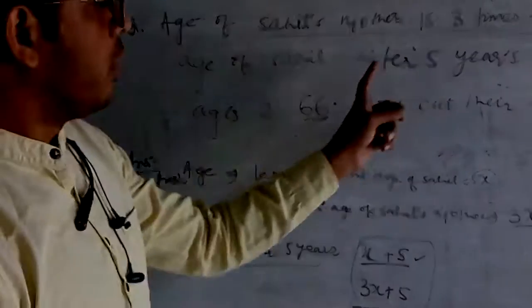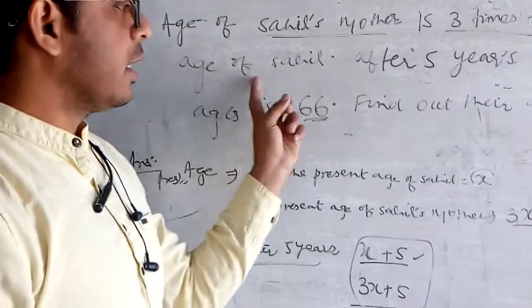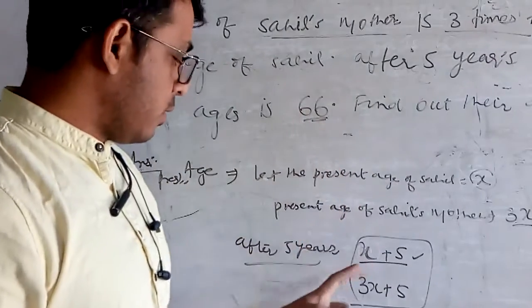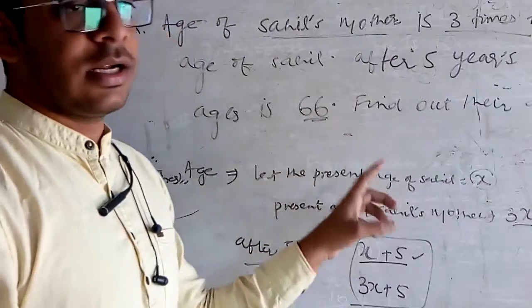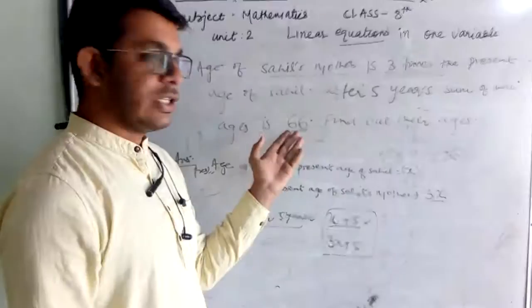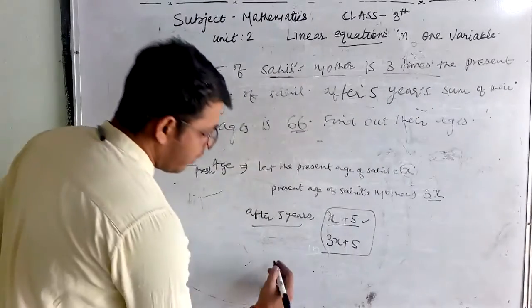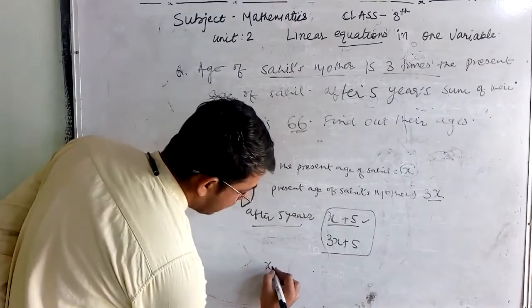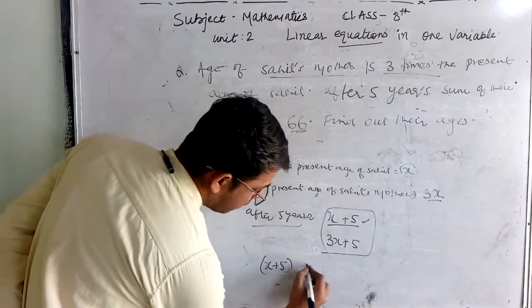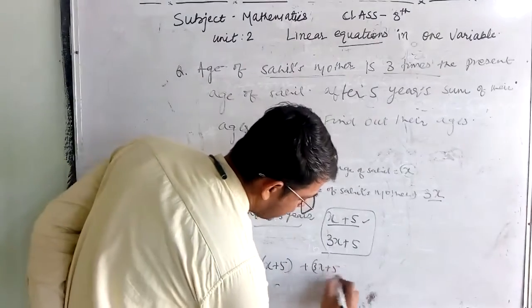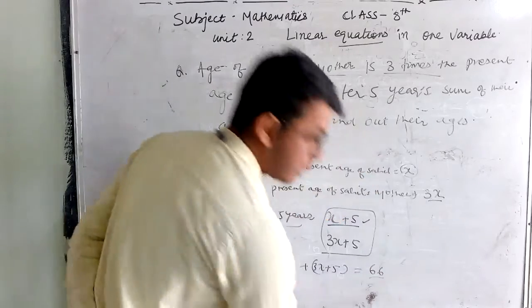Now the question is saying that the ages of Sahil and his mother after 5 years sum to 66. Now how will we frame that? x plus 5 plus 3x plus 5 equal to 66.